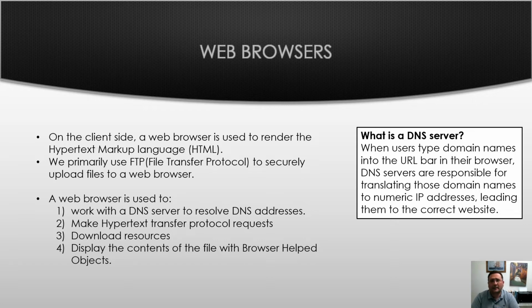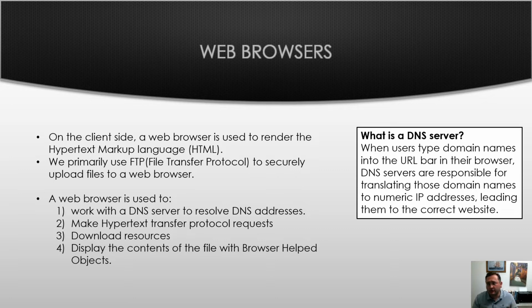What DNS means is that computers actually use only numbers. And when users type domain names into the URL bar in their browsers, these URLs, which include the domain names, need to be translated into an IP address.